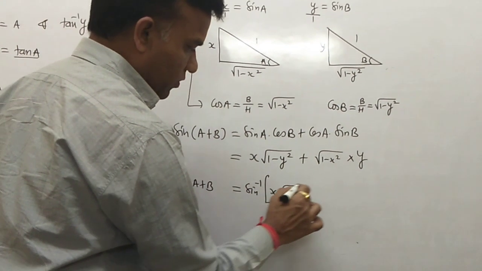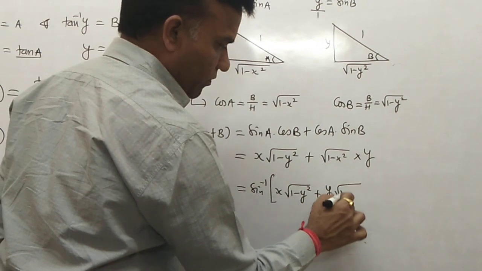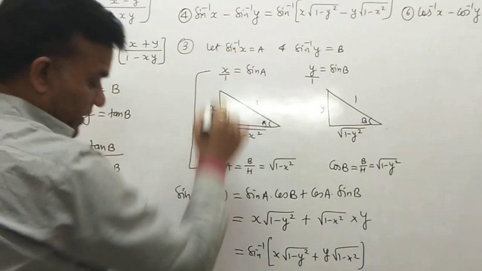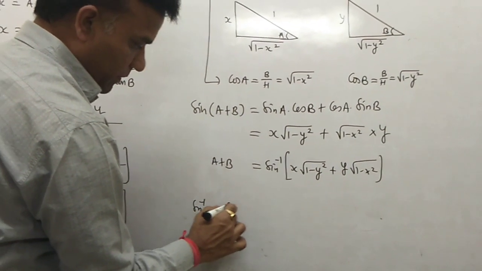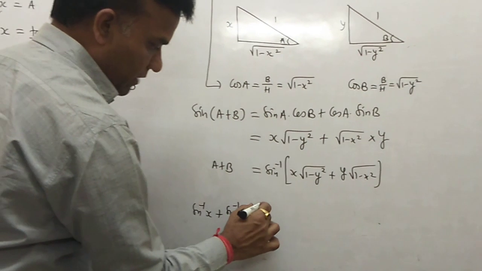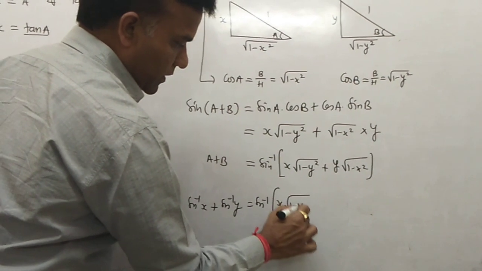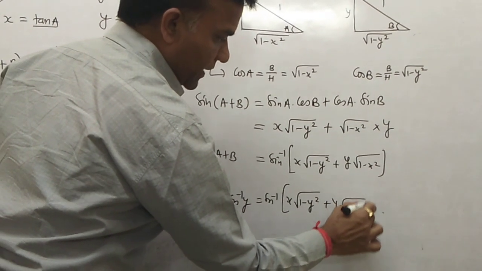So x under root 1 minus y square plus y under root of 1 minus x square. So sine inverse x plus sine inverse y equals sine inverse of x under root 1 minus y square plus y under root 1 minus x square.